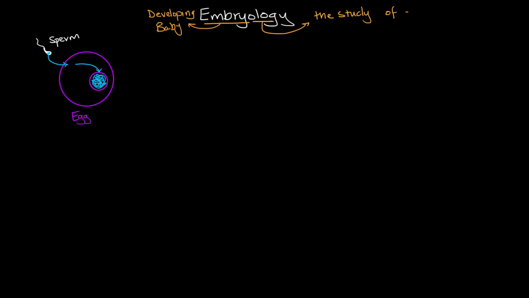And the DNA of the sperm and egg will mix. We talked about this in genetics, of half of your DNA coming from your dad, which comes from the sperm, and half of your DNA coming from your mom, which comes from the egg. So they each have half a person's worth of DNA. This whole process is known as fertilization.